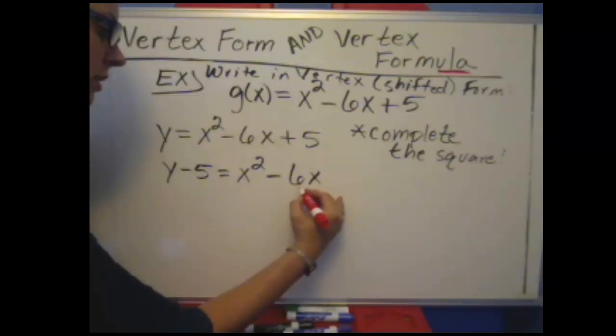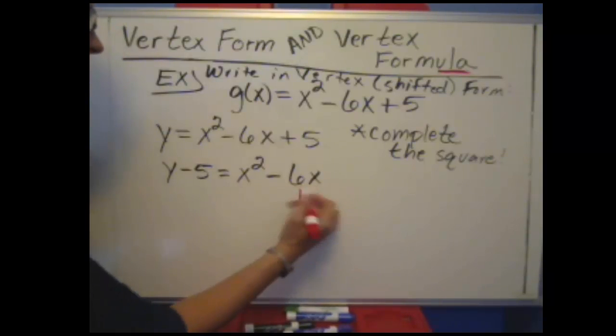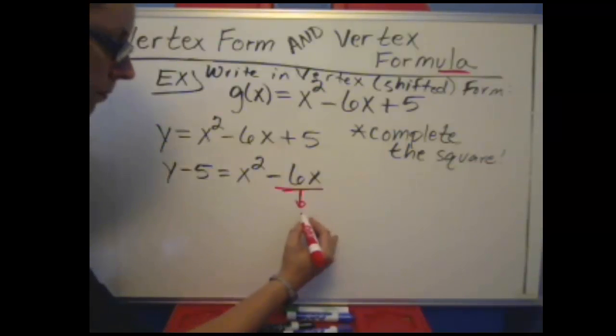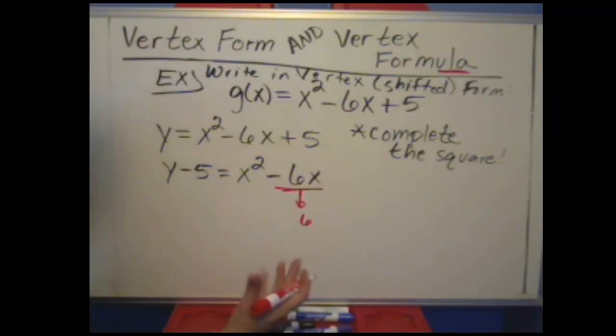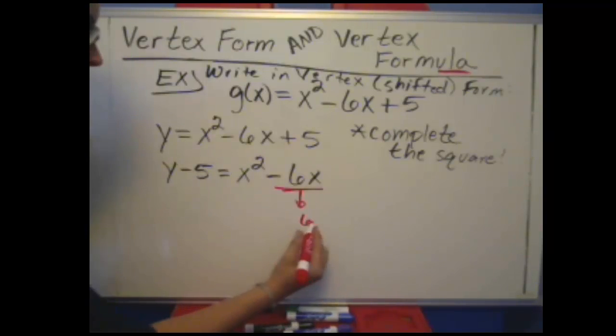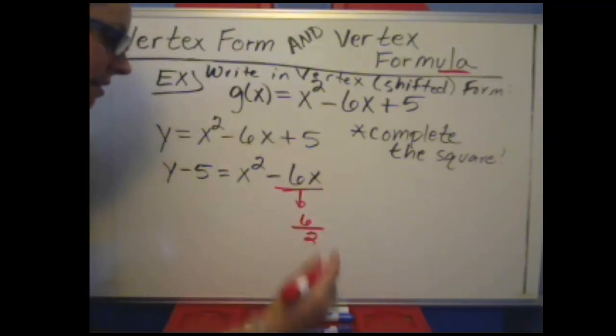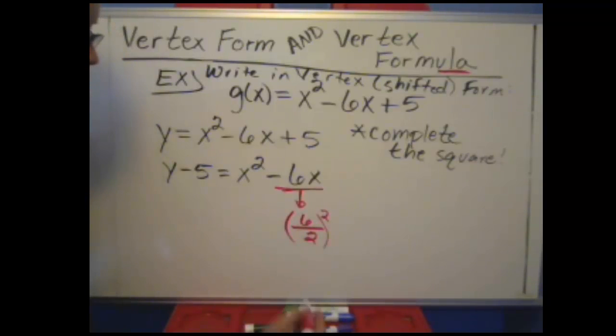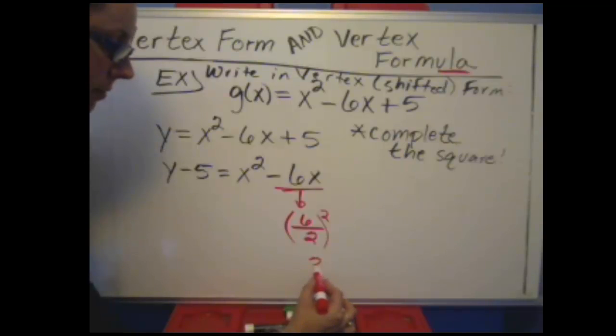So what we always do is take the coefficient off of our center term, the x, which is negative 6. I'm going to write 6 since we've discussed before that the negative doesn't make a difference since we're about to square this. We're going to take 6. We always half this, and we always square this. So in other words, here we have 3 squared.